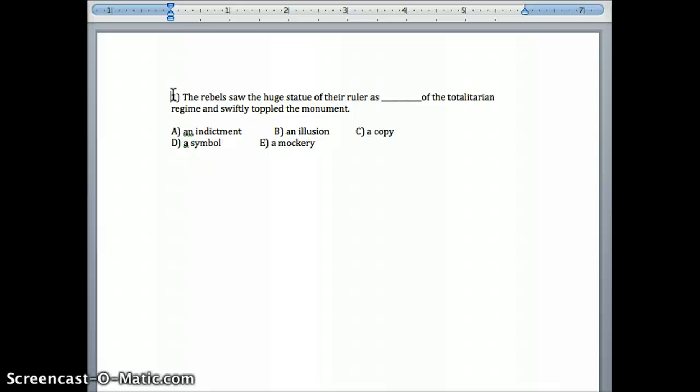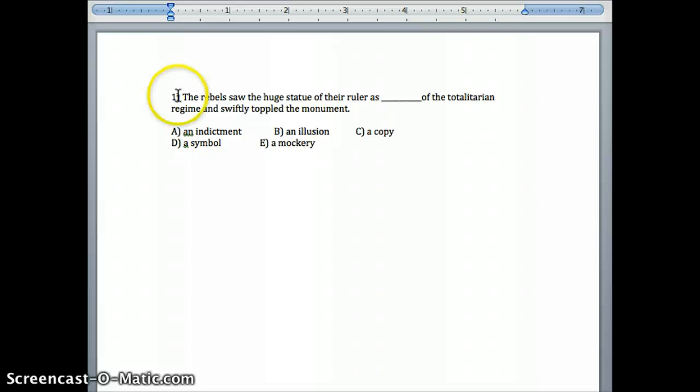If you look at the choices now, as we've looked at the sentence, illustration question, action in the sentence that you can actually imagine in your mind, take a look at the choices. The rebels saw the statue as an indictment of the regime, an illusion of the regime, a copy of the regime, a symbol of the regime, or a mockery of the regime.